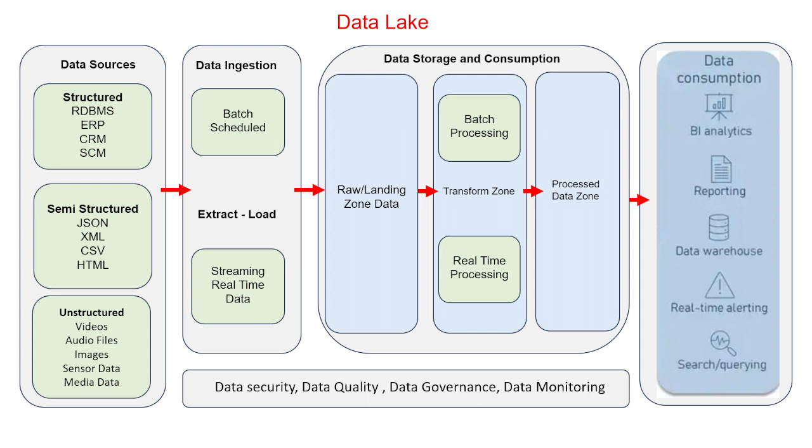Now the transform zone is where we transform the raw data to a target data format. For that we can have batch processing which will run at regular intervals of time, and also real-time processing data pipelines. So this transformation zone will have a lot of transformation jobs which will convert the data from source to target.